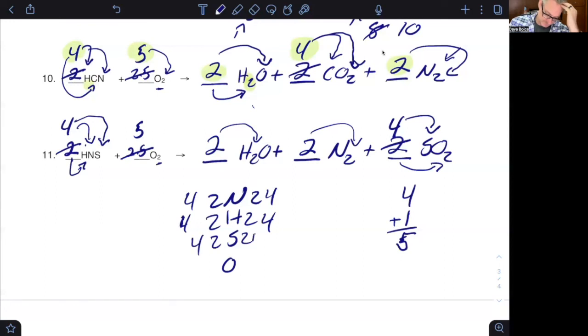So we're good. And for my oxygens, I've got 5 times 2 is 10. And on this side, I've got 2 right there. And so I need another 8. And 4 times 2 is 8. And so that's 10 on both sides. 10 and 10. And there we go. Our balanced equation is 4, 5, 2, 2, and 4.